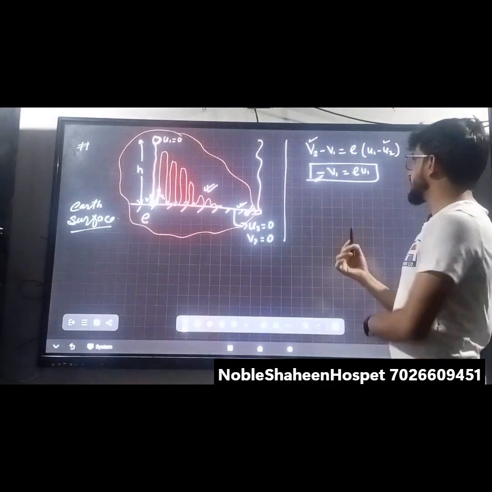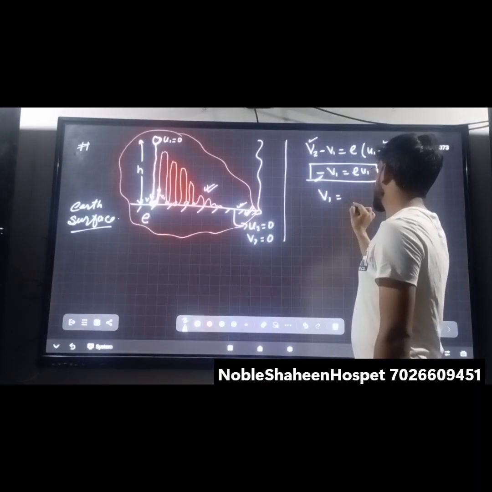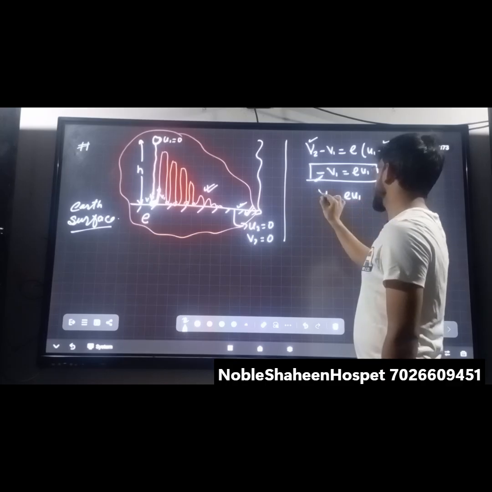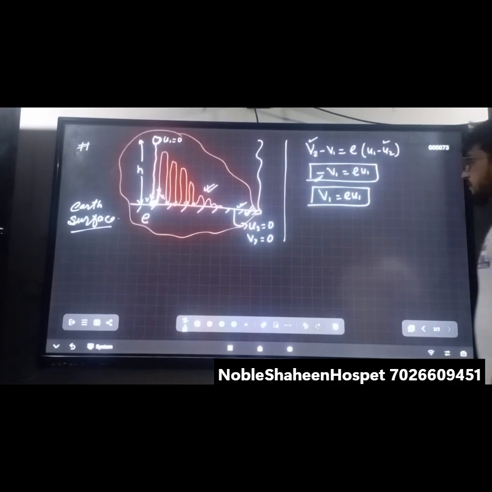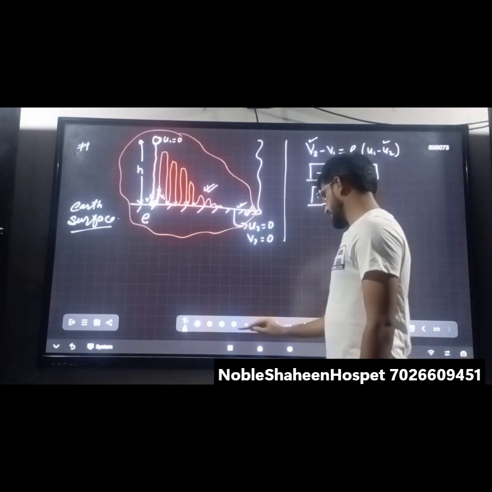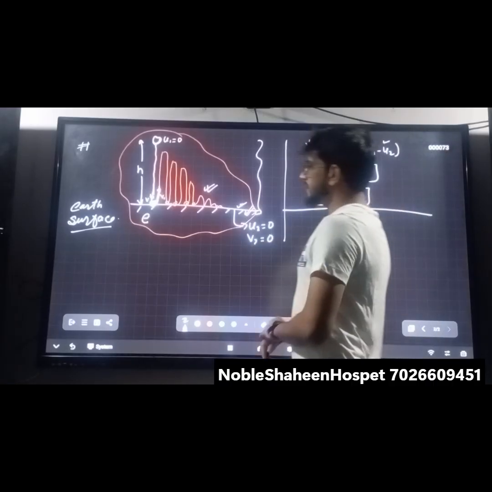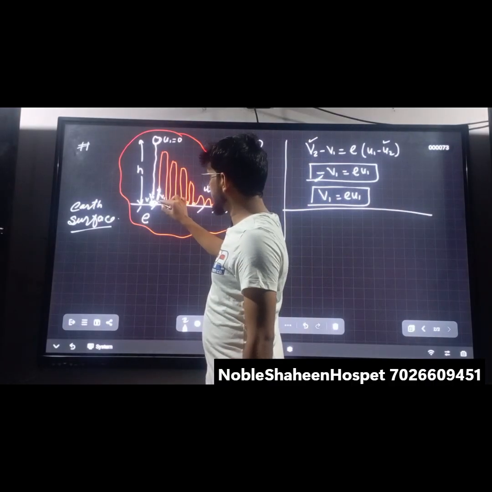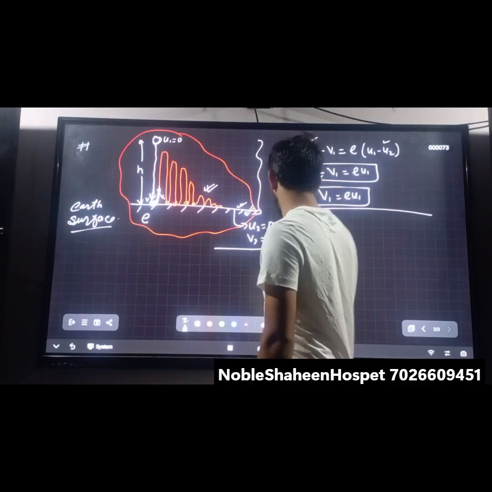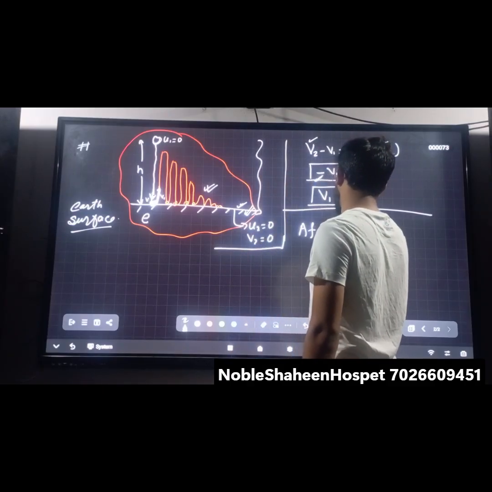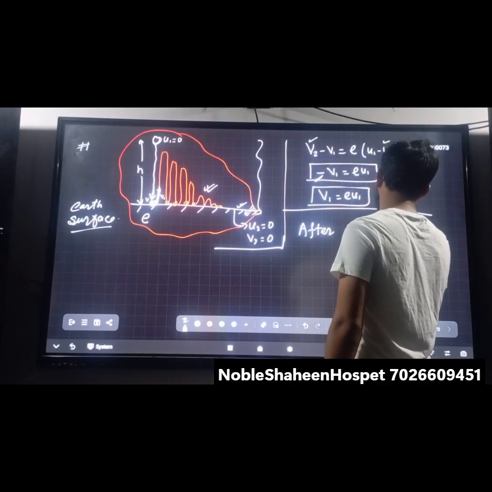But if we take the magnitude, we can easily say that v1 is equal to e into u1. Now, let's say the initial velocity is v, and we discuss the velocity after the first rebounding.